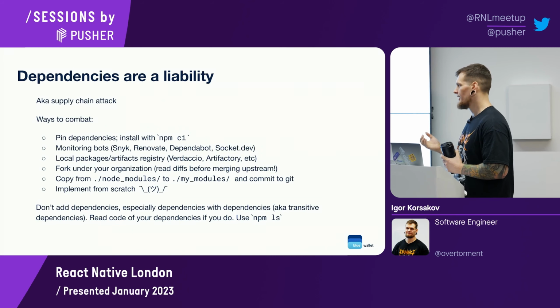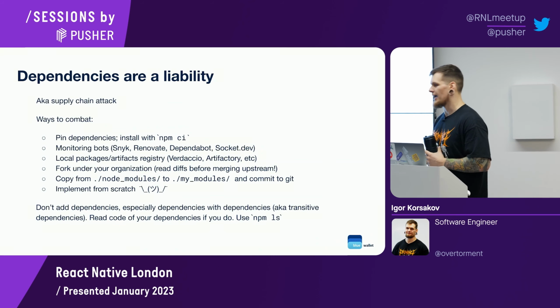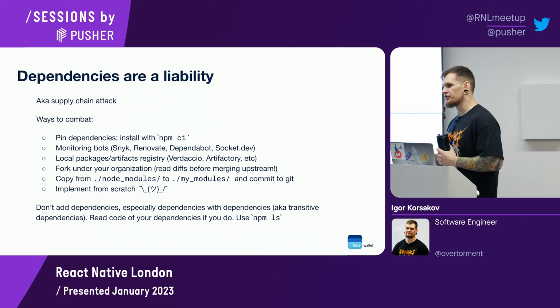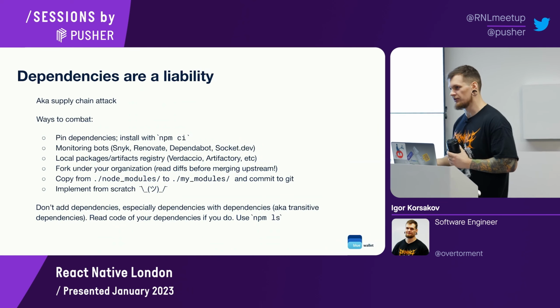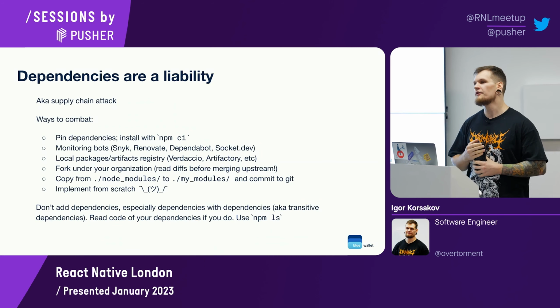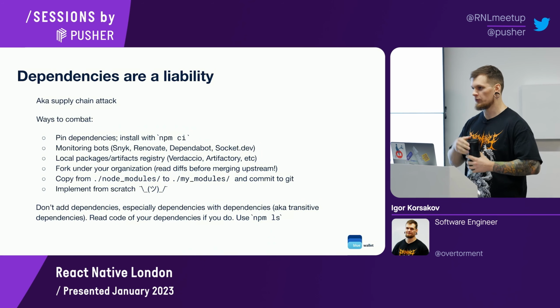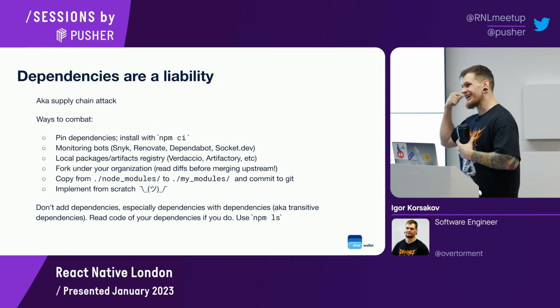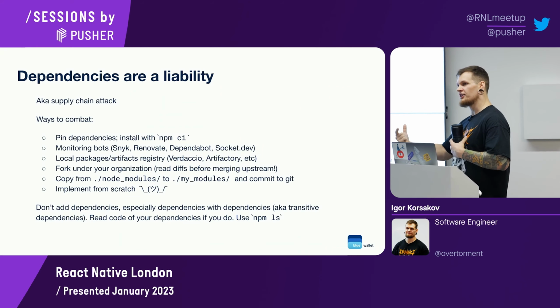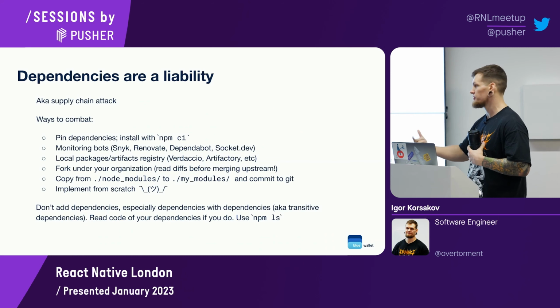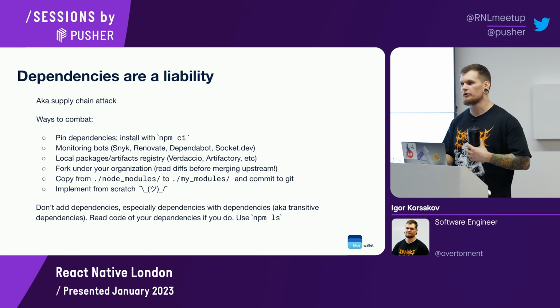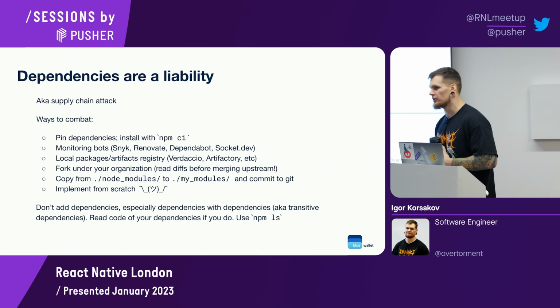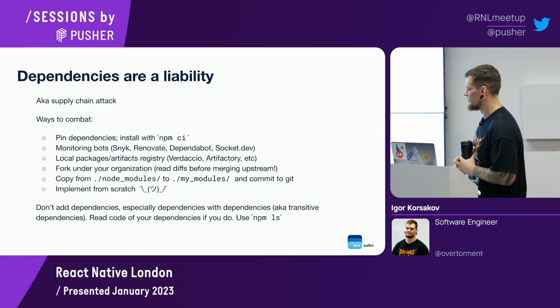But what it does, it downloads all the dependencies and checks all the hashes of dependencies that are registered in the package-lock.json. So if someone's doing something fishy, this will fail. So it will basically tell you, look, there's an exact version of the app. Someone pushed the exact same version, and the hash doesn't match. There's something fishy going on, so it will fail. And at least you'll be able to direct your attention to this and see what's going on in there.